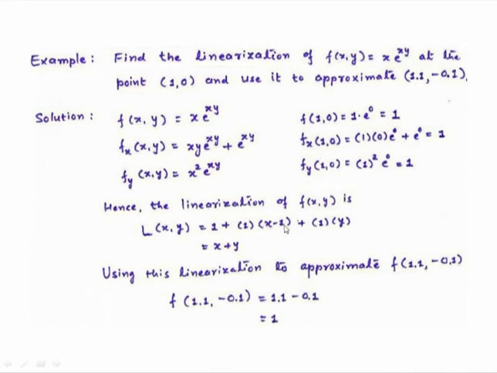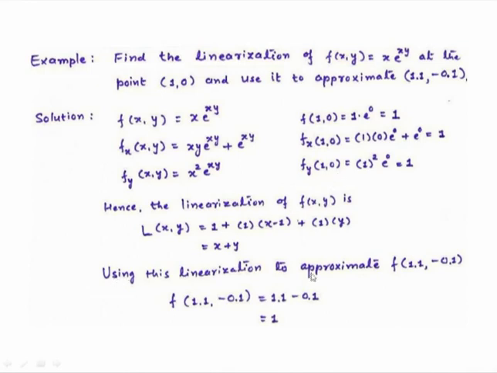Plus 1 times (y minus y0), where y0 is 0, so y minus 0 is y, and 1 is the value of the partial derivative of f with respect to y at the point (1, 0).